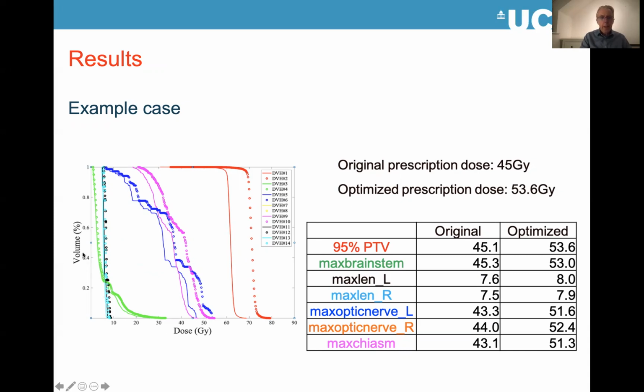So this here is what's known as a dose volume histogram, which is commonly used in radiotherapy to show effectively the dose to individual organs. And our optimization method found in this particular patient, so this is an individual case, that we could have potentially benefited from increasing the dose by about 8.5 gray.